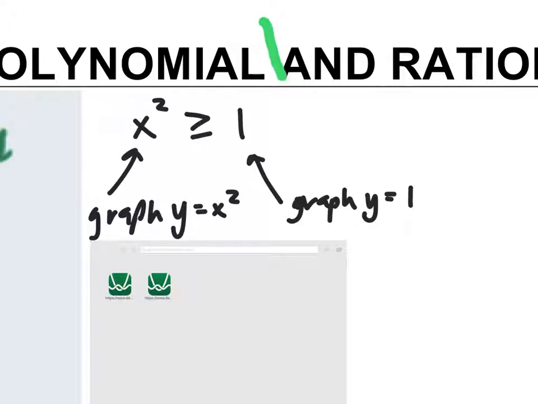My graph is larger than or equal to 1 at these endpoints here and here.